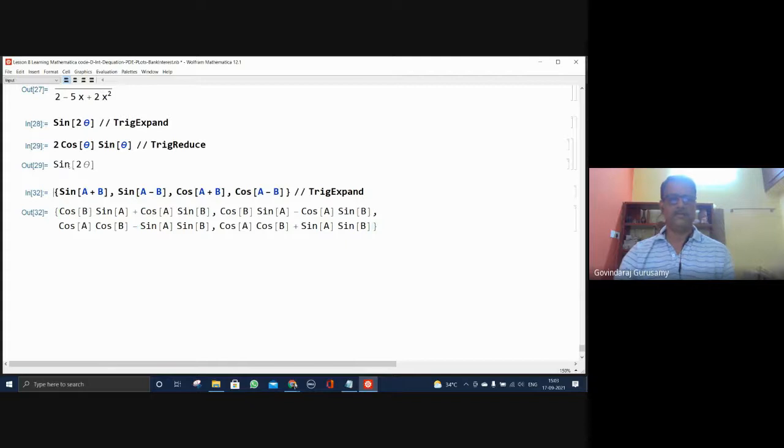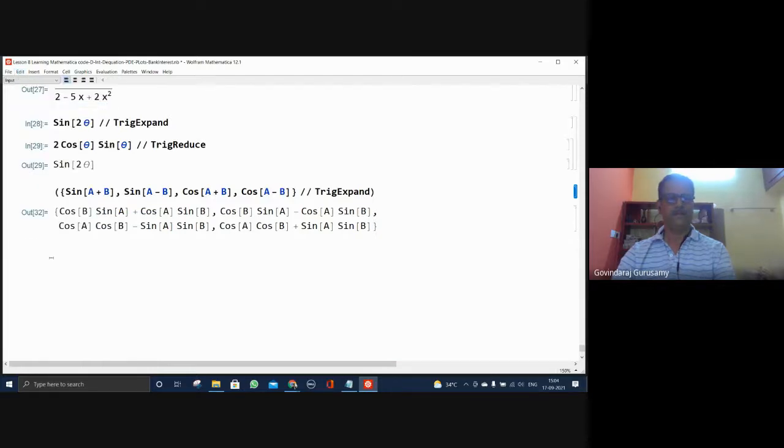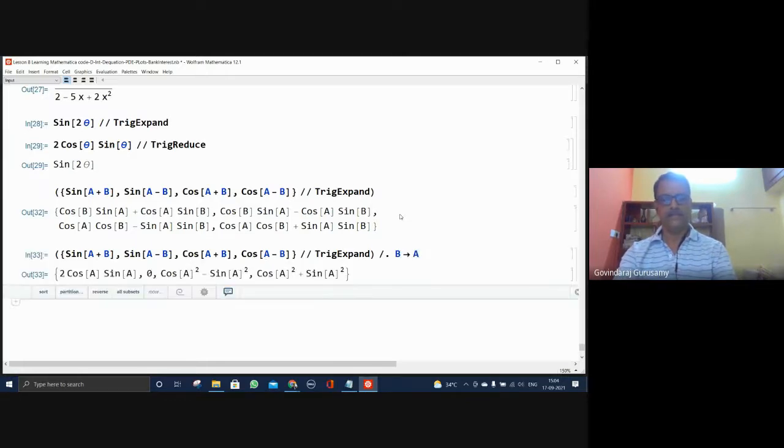Now, suppose I take this with the bracketing here, copy and paste over here. If I make a small change, B is replaced by A. Okay.